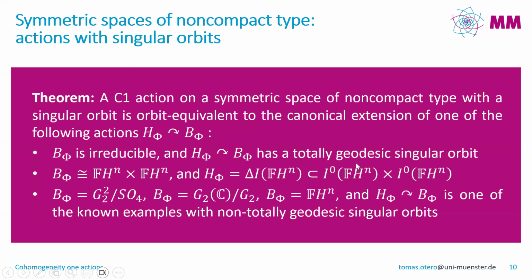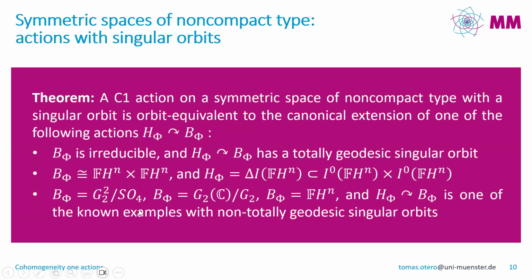Since they are homothetic, they have the same symmetry group. And so you take the diagonal, and this acts with cohomogeneity one, and also has a singular orbit. And then there's a series of exceptions, actions which have a singular orbit which is not totally geodesic.